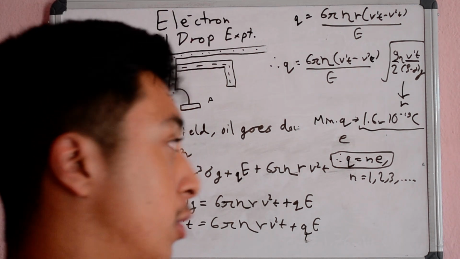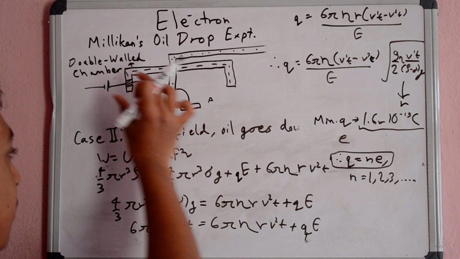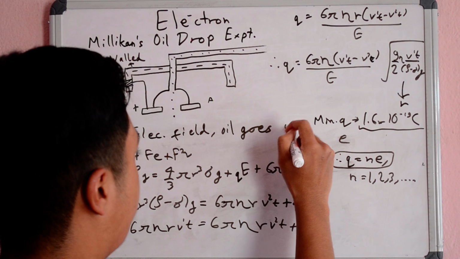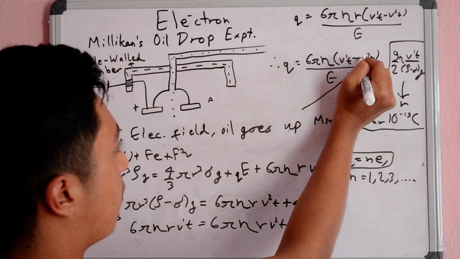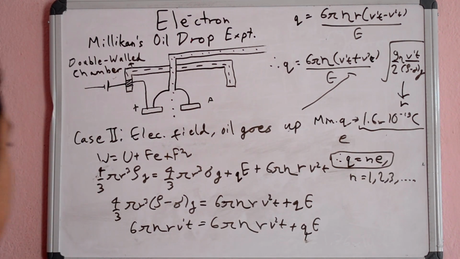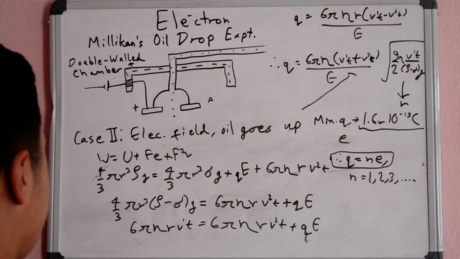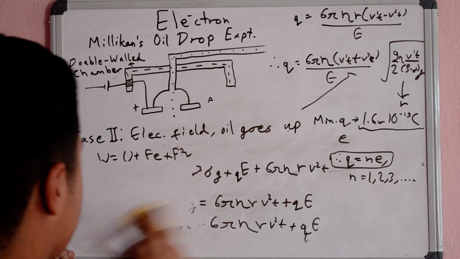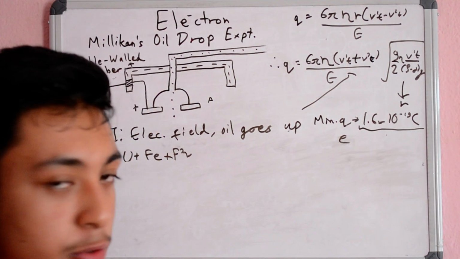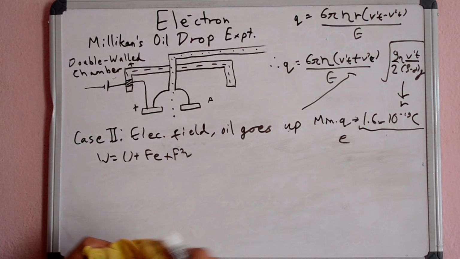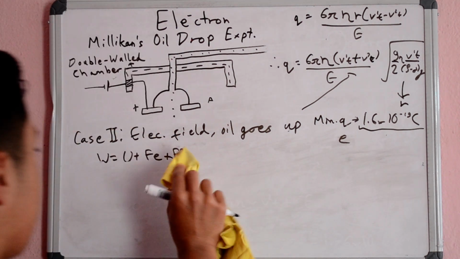But here are some notes. When we apply this electric field, if the oil goes up, in this equation what we do here is simply, instead of minus, we put plus. Now there's another case. If let's say that the electric field makes the oil stationary, that means it neither moves down or up. That means there will be no velocity because it isn't moving.